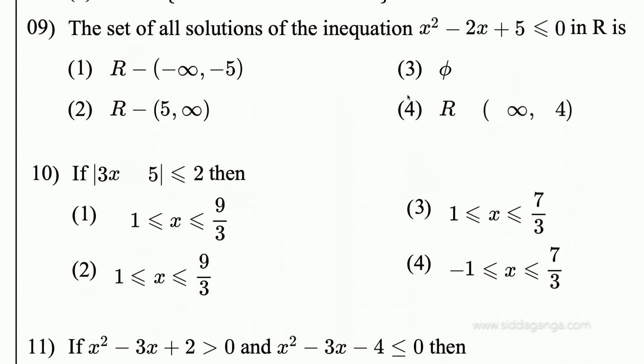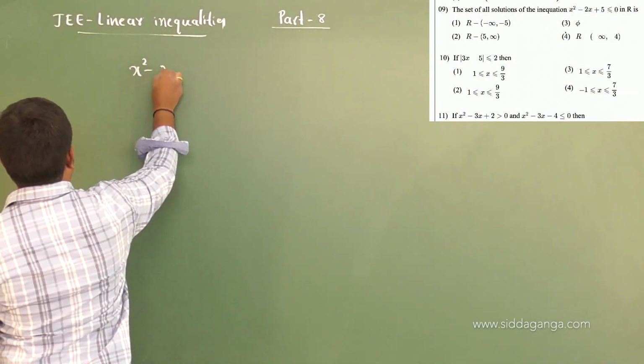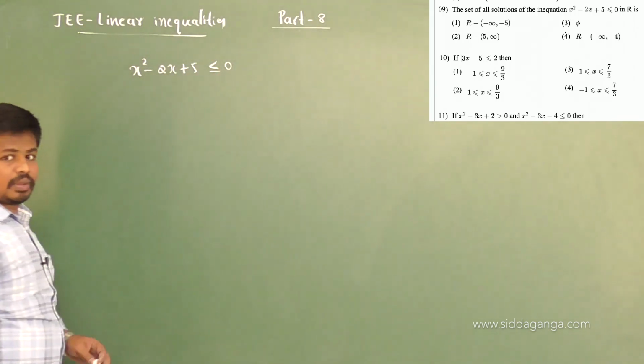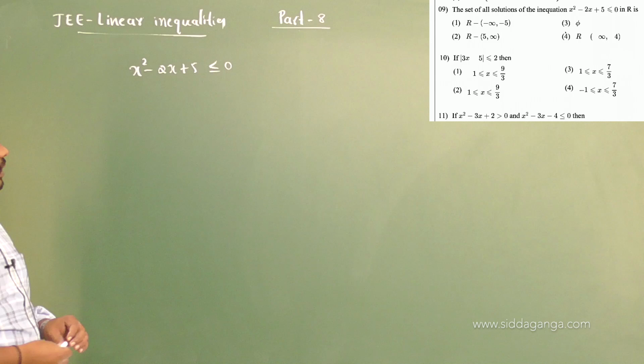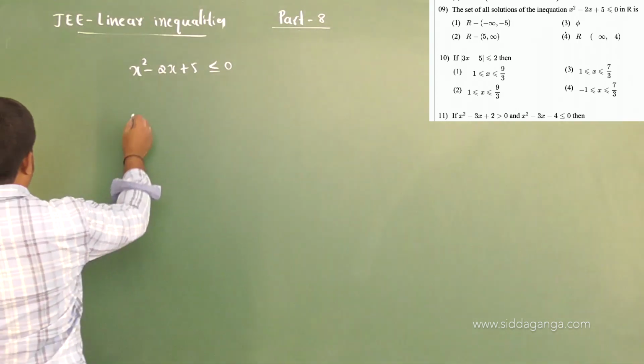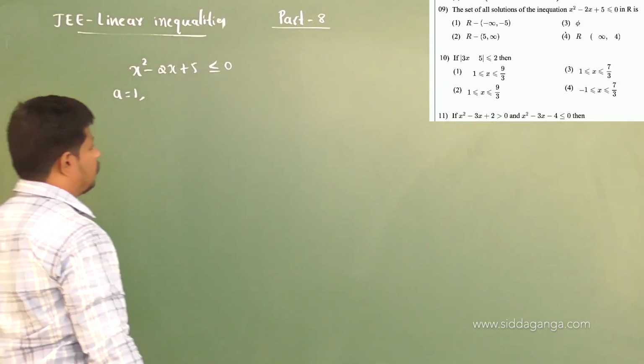Okay, question number 9. The set of all solutions of the inequation x square minus 2x plus 5 less than or equal to 0. Yes, here we have a quadratic polynomial, and one thing you should know, in this quadratic polynomial, a is 1, right? See, there is a result, students.